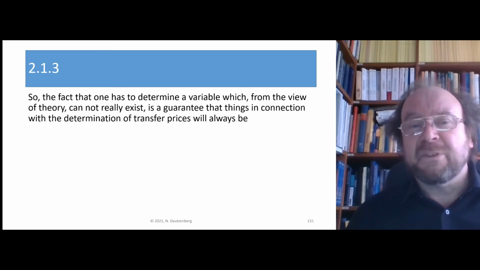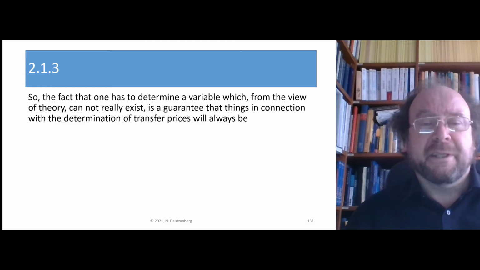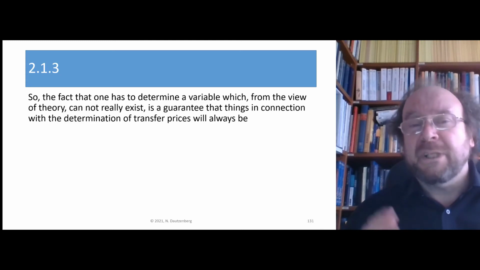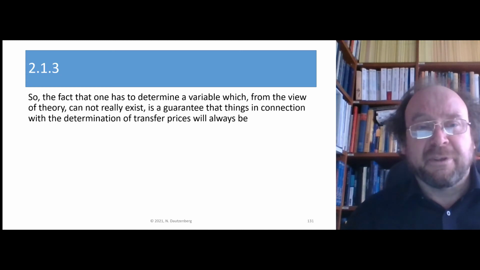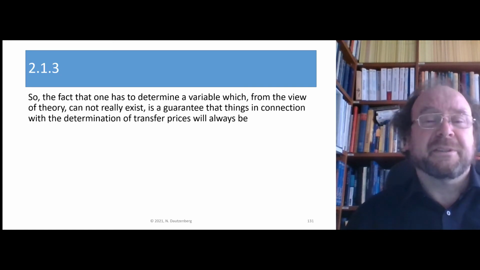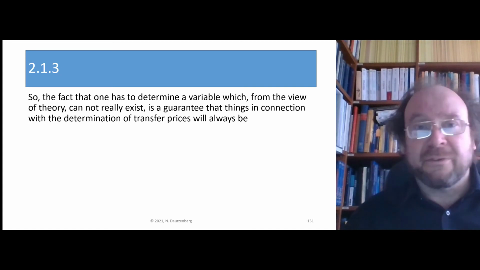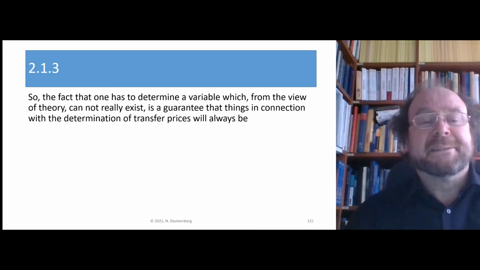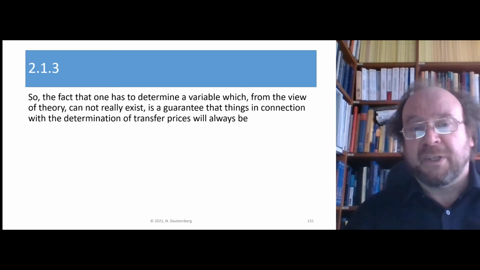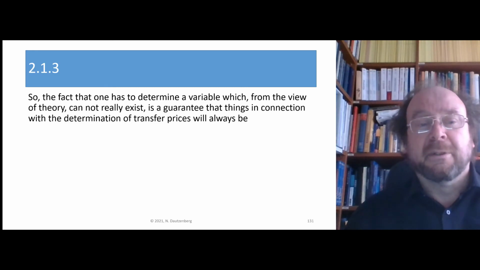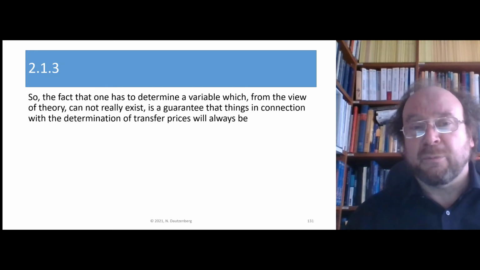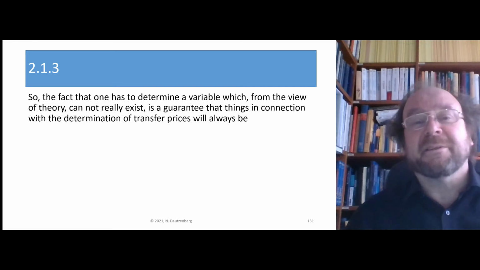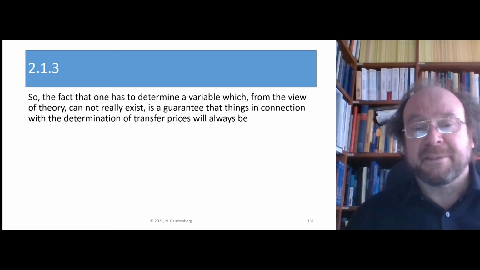Well, there seems to be no better solution, but in principle we should make clear to ourselves, okay, we are looking in the dark for something which our economists have said for 100 years and more does not really exist. So not a good idea. Well, somebody should look for a different concept. Unfortunately, it will take some 100 years, if you find it, until everybody in the world accepts it.